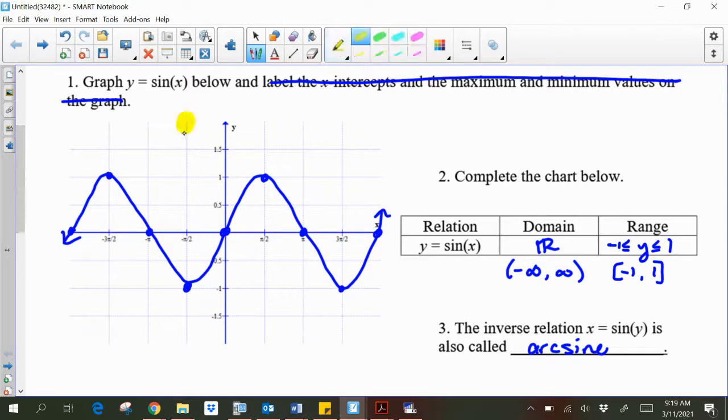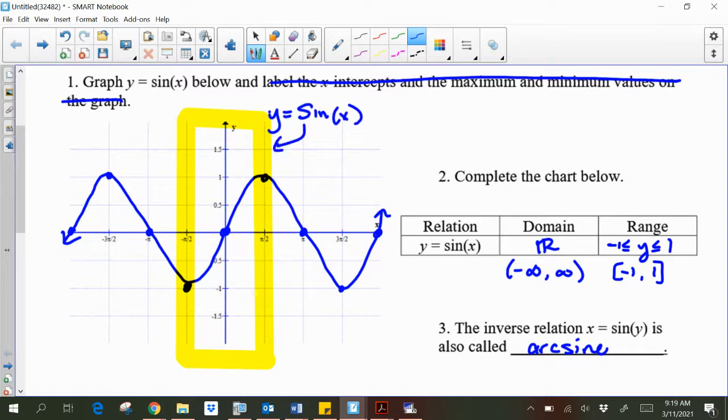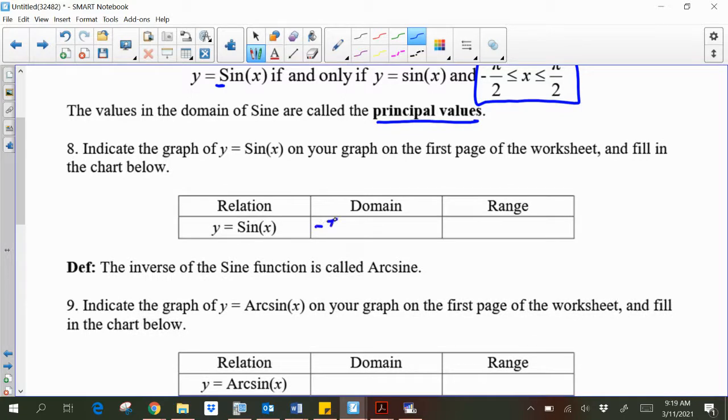that means I'm using this section of the graph and only that section when I'm defining y equals sine of x. So its domain is negative pi over 2 to pi over 2.